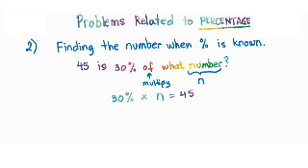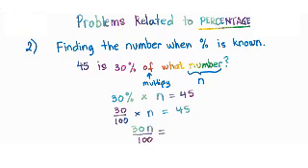Remember, 30% is the same as 30 over 100 times n is equal to 45. Then multiply 30 times n. That should be 30n over 100 is equal to 45.